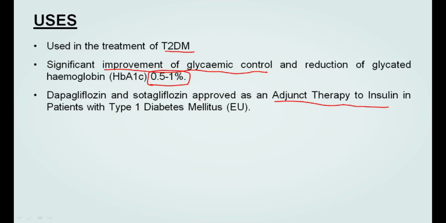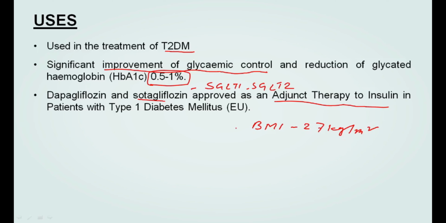Whereas sotagliflozin is the drug which inhibits SGLT1 and SGLT2. This was also approved by the European Commission as an oral therapy for patients with a body mass index of 27 kg per meter square or more, along with the insulin.